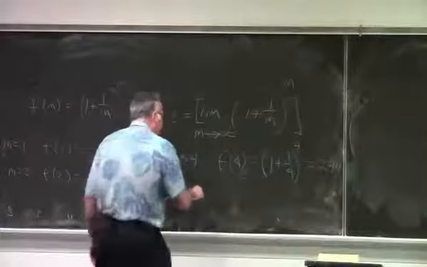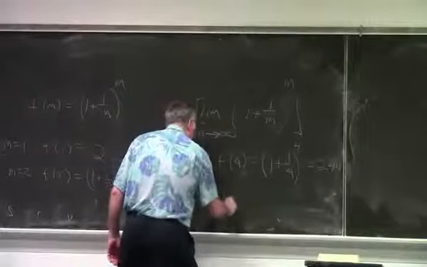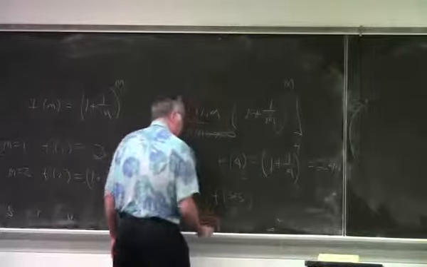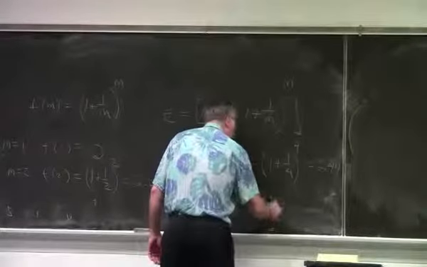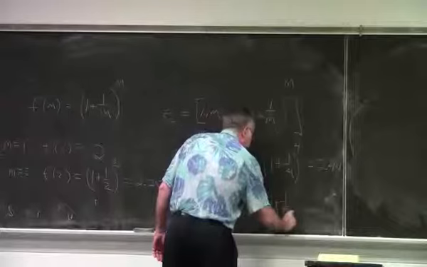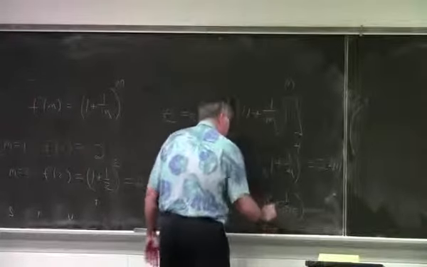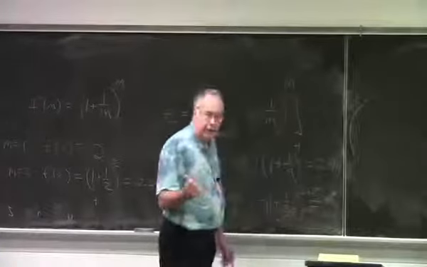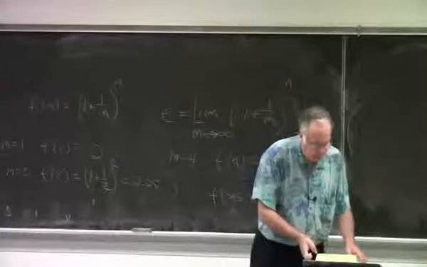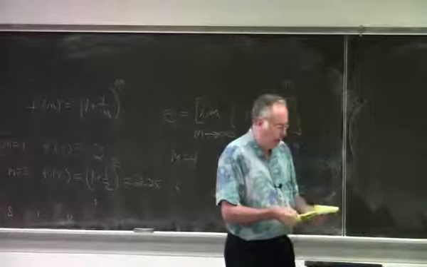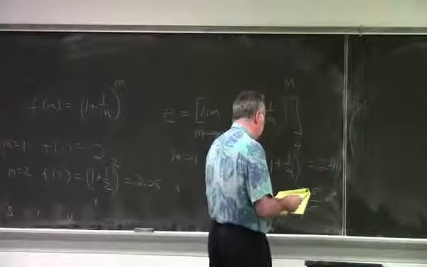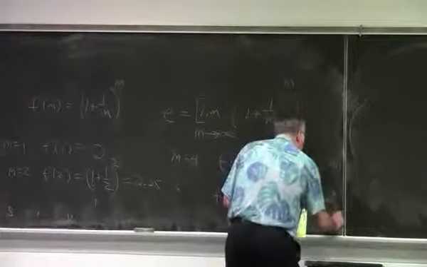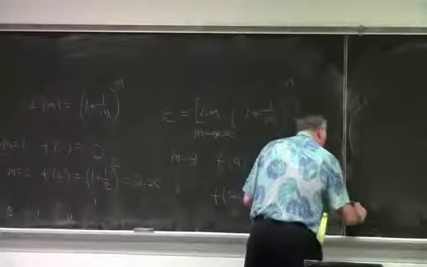Oh, let's jump ahead. What is m equals 365? Well, it's 1 plus 1 over 365 raised to the 365 power. And this is what I was giving you earlier. This is equal to 2.7145.